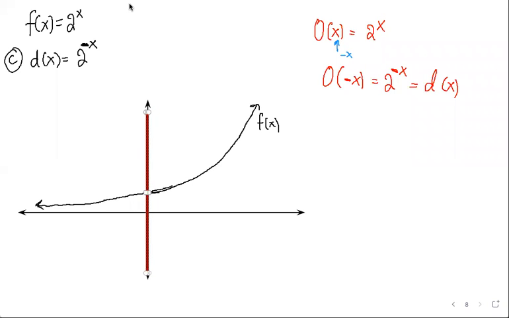Now all the points are reflected around this one. This point here stays the same, and everything becomes like this, and this one becomes something like this. And this is my d of x equal 2 to the minus x.